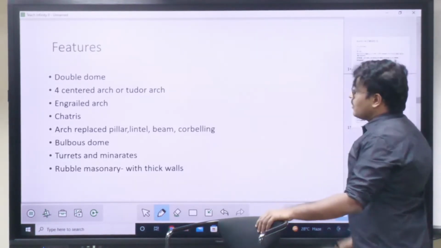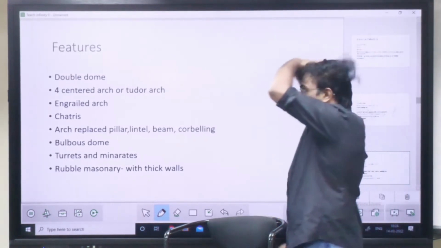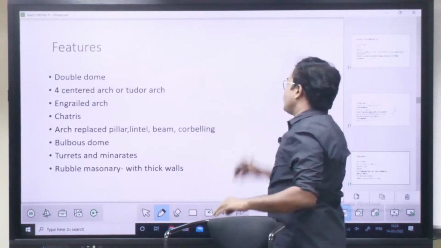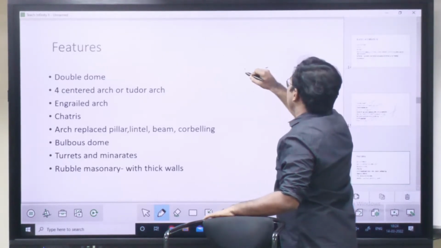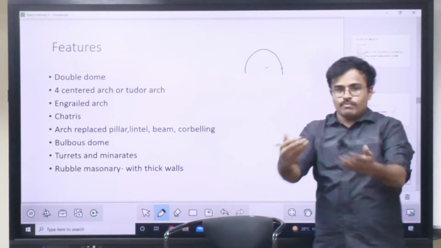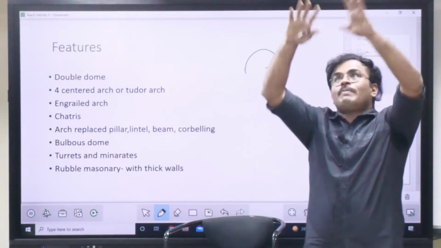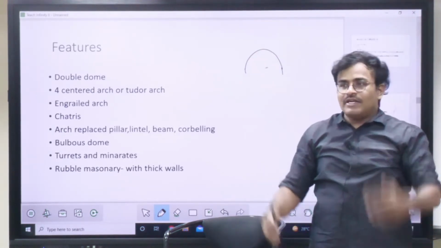Sometimes they started constructing even larger domes. Earlier the dome used to be a very small structure, and larger domes are known as a double dome structure. Suppose you enter a building and look at the ceiling, and there is a big hollow space in the center. Will it give you a pleasing look?